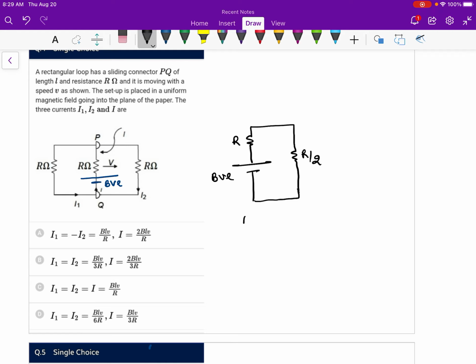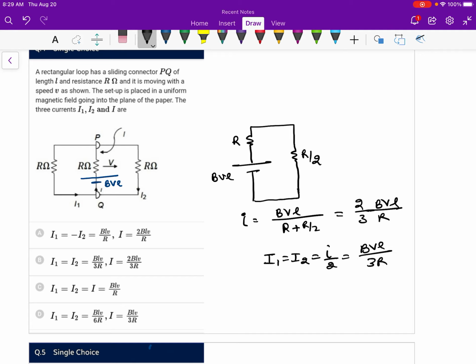So I is BVL upon R plus R by 2, that is 2 by 3 BVL upon R. Now I1 and I2 are equal to I by 2, so this is BVL upon 3R. So 2 by 3 BVL upon R and BVL upon 3R. So B is the correct option.